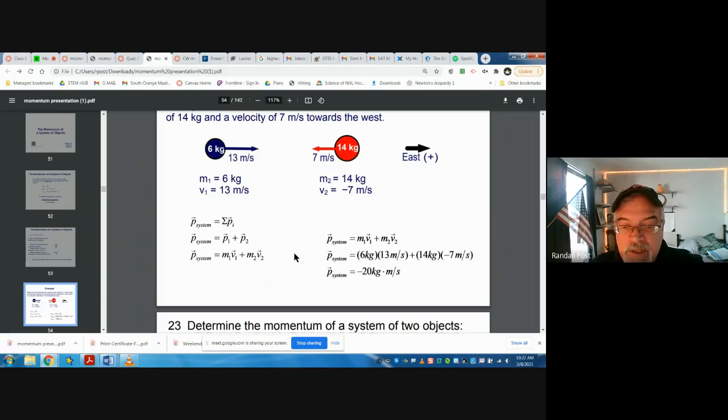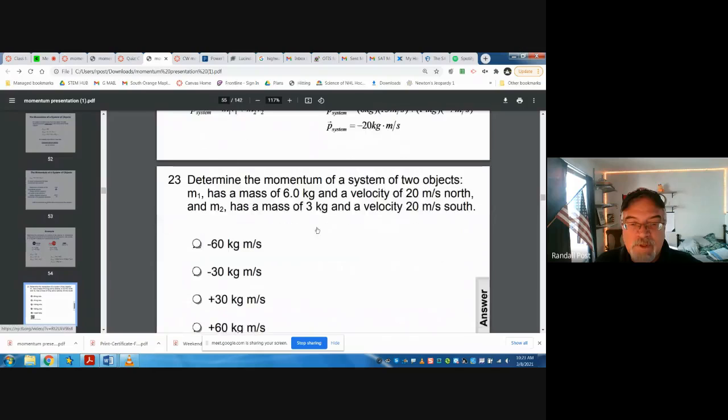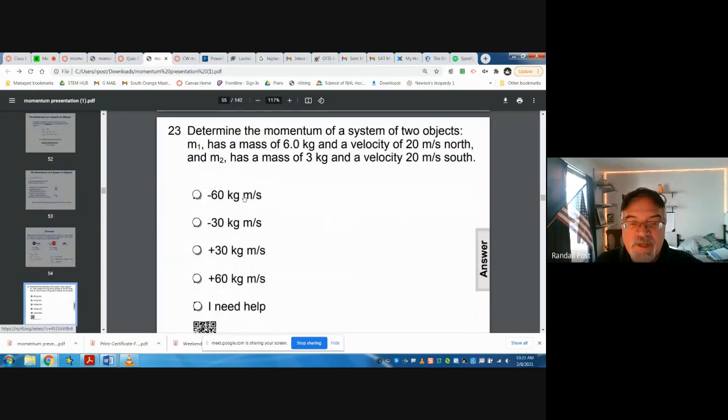So for the system, we take the positive 6 times 13, we combine that with the negative 14 times 7, and we get an overall total momentum for the system of negative 20. Right, so this red one is stronger than the 6. Overall momentum of these two objects is negative 20. So here's a problem that you can go through yourself and check your answer.